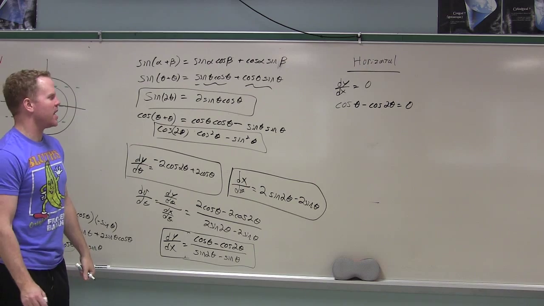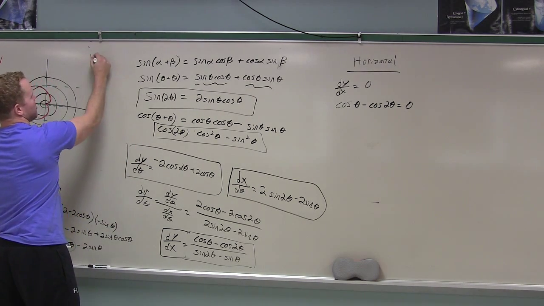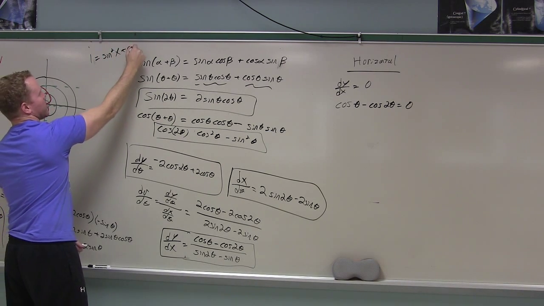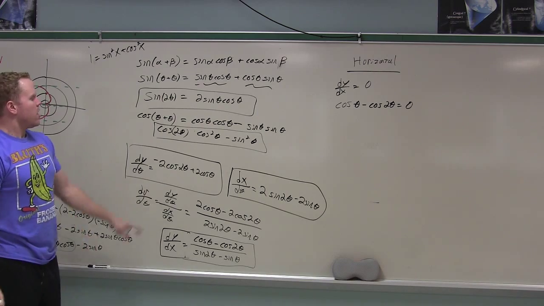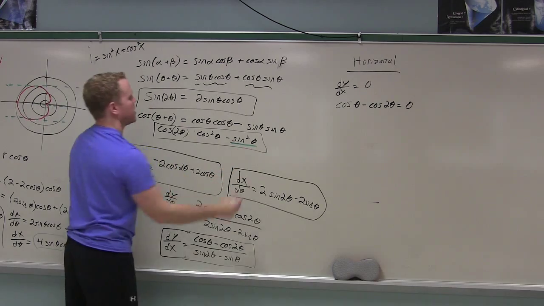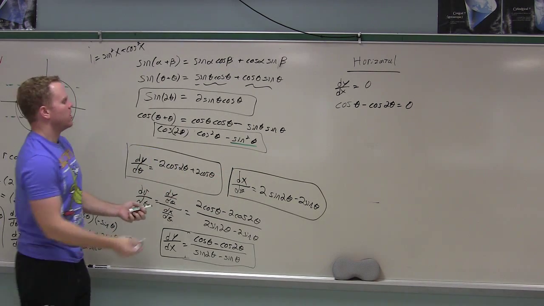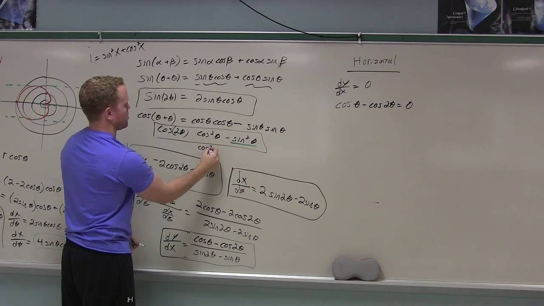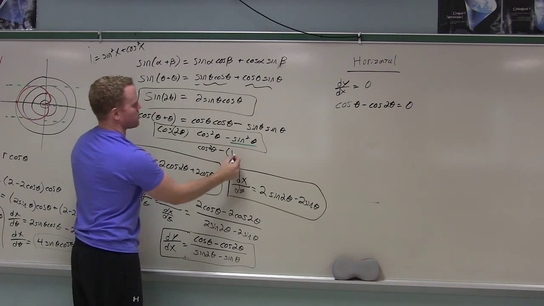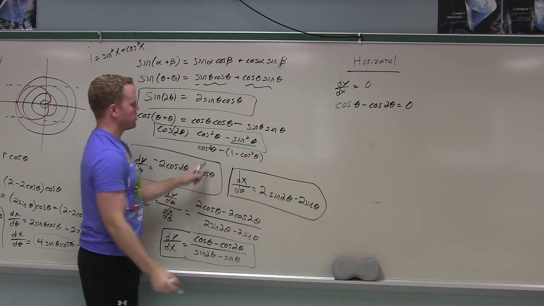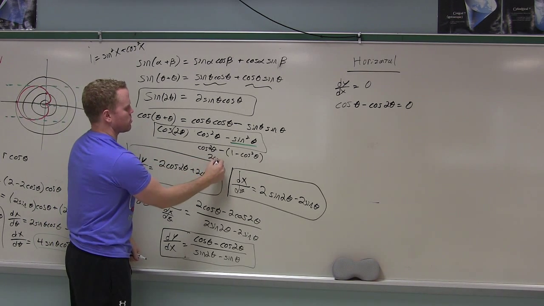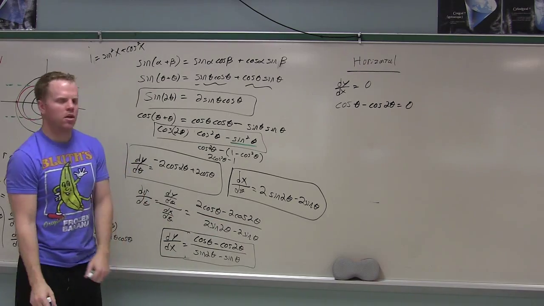So what we want to do instead is use the one trig identity that it's impossible for anybody to not know, that 1 is sine squared x plus cosine squared x. So if that's true, then the sine squared in our double angle identity for cosine, cosine squared theta minus sine squared theta, would just be cosine squared minus 1 minus cosine squared, aka 2 cosine squared theta minus 1.